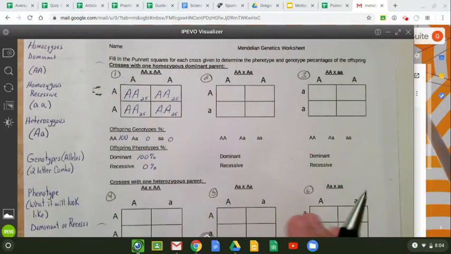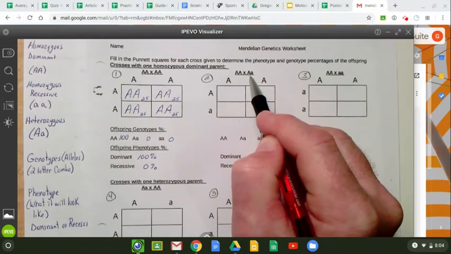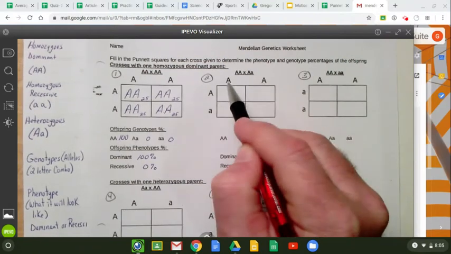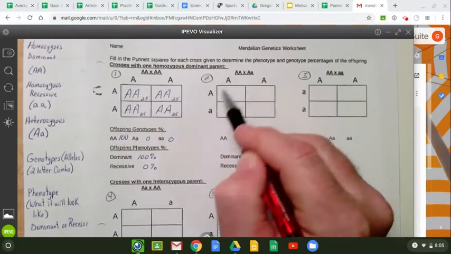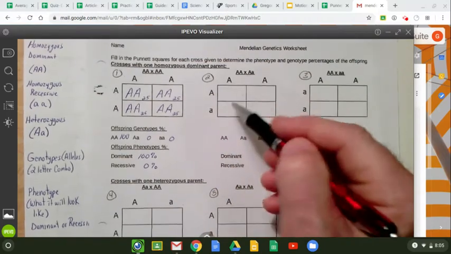In question 2, here we are crossing a homozygous dominant with a heterozygous parent. Okay, so we got our capital A, our dominant here, and then our heterozygous here. All right, so we fill in the squares.